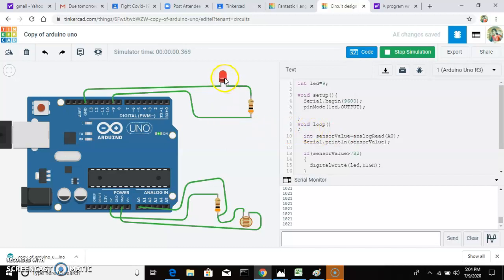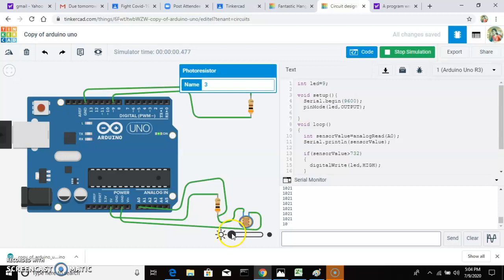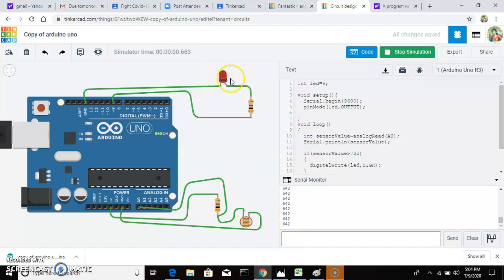So the LED was blinking when it was in the dark condition at 1021, and when it was in light condition the value decreased to 642. So the LED doesn't blink.